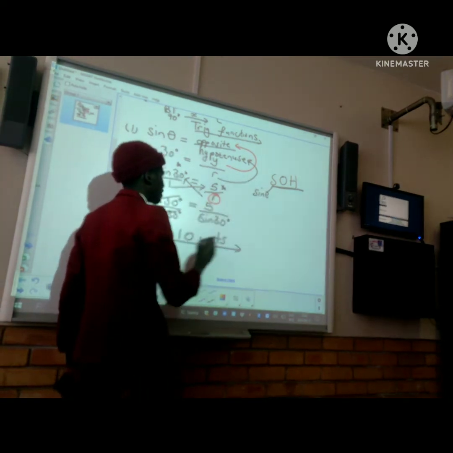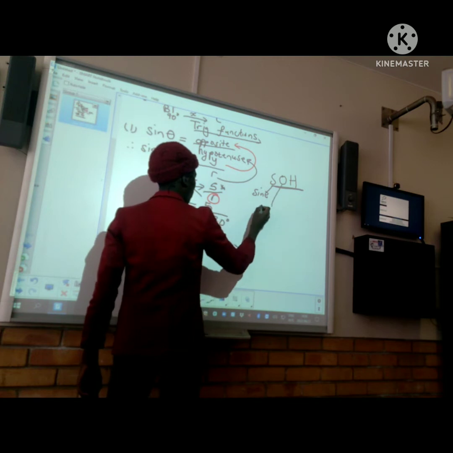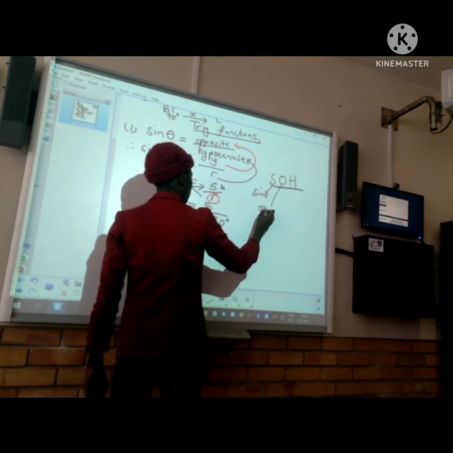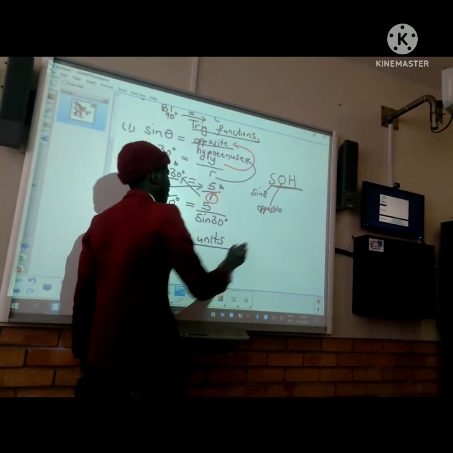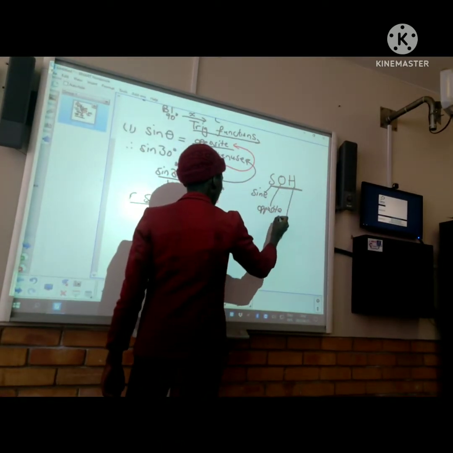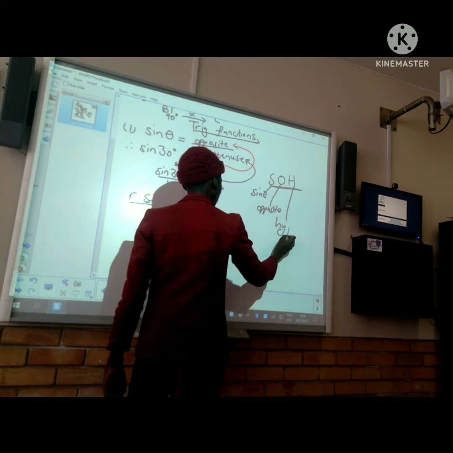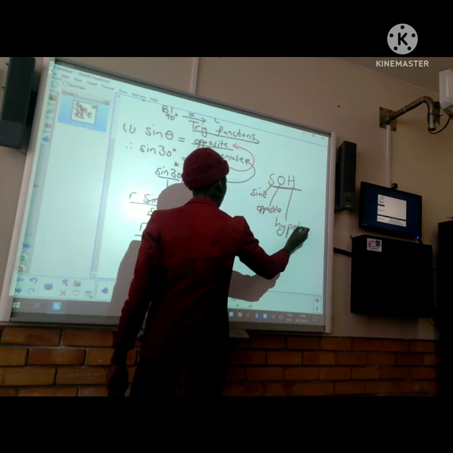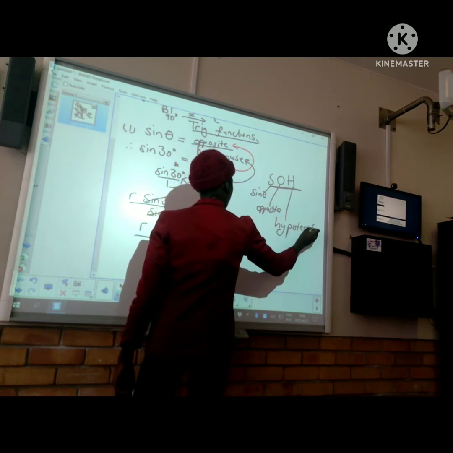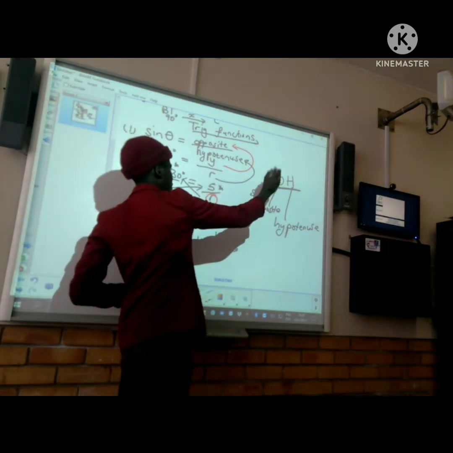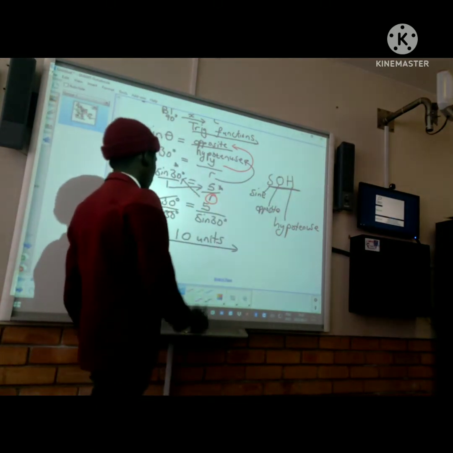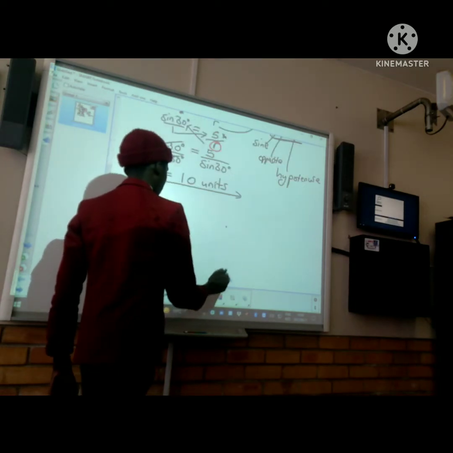The sine of an angle is equal to the opposite, the O represents the opposite, over the hypotenuse. So just for you to remember how to calculate the sine of an angle, you just have to remember S O H. So this is an easy way of solving sine.